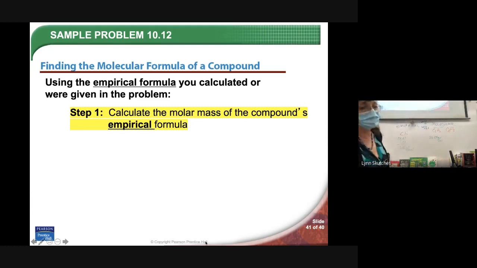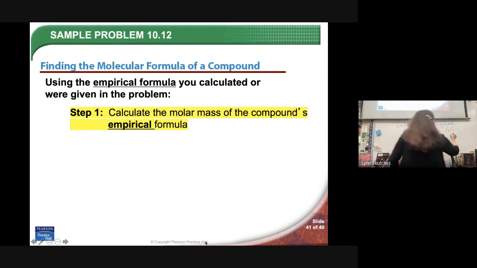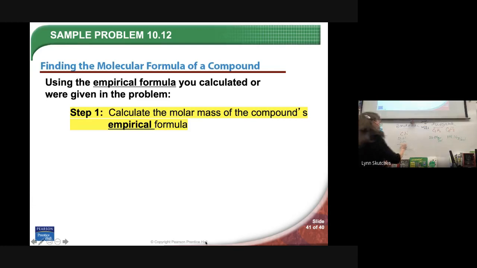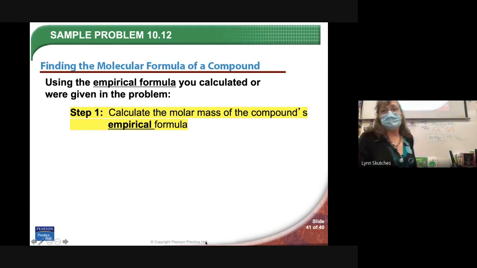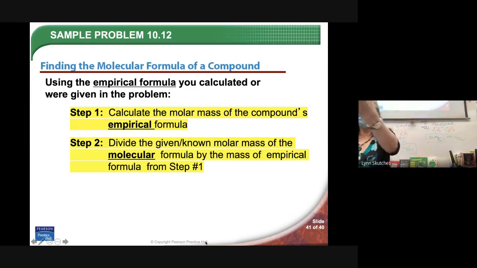Turns out, and again, you don't have any way of knowing this, but you would have to be told, and that's a really important piece. The styrene is 114 grams per mole. So I'm going to tell you that this one, the empirical mass, you calculate. These, the molecular masses, you have to be given. So you're going to be told that upon analysis, the real molecule weighs such and such.